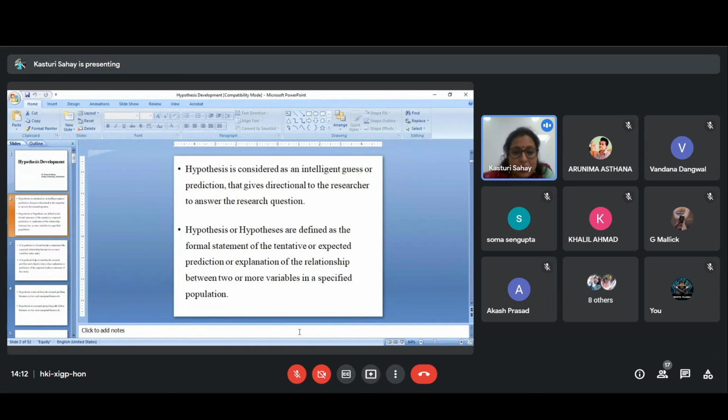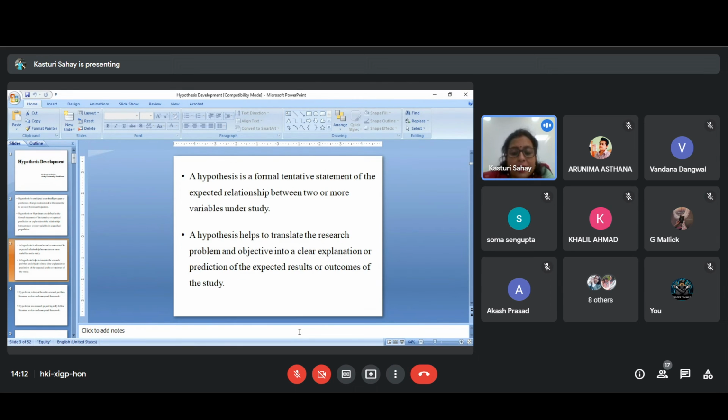That is your hypothesis, on the basis of which you then collect your data, analyze, and come down to conclusions whether your prediction, based on the reviews, is what exactly was proven by the data analysis as well. So a hypothesis is a formal tentative statement of the expected relation between two or more variables under study. This basically defines the relationship which the different variables of your study are having or not.